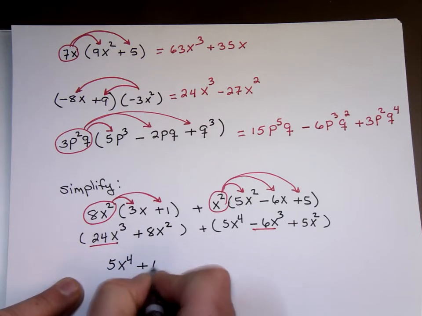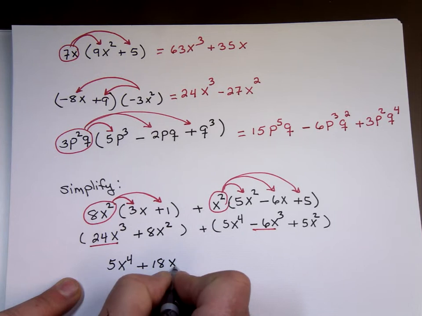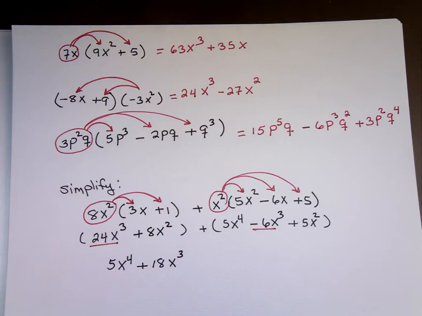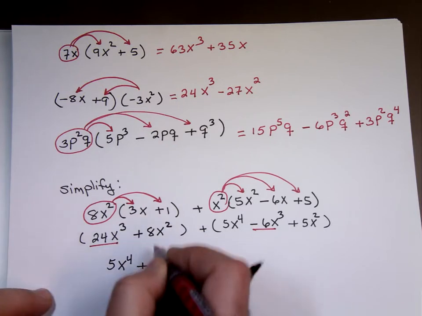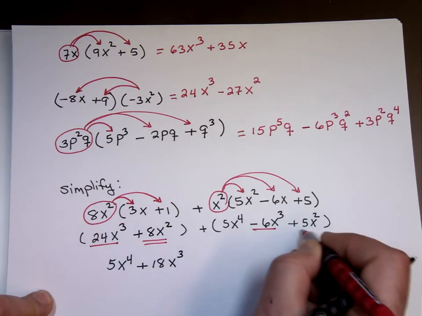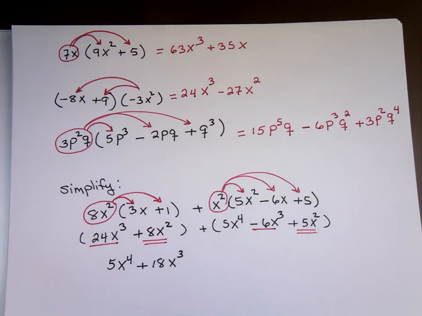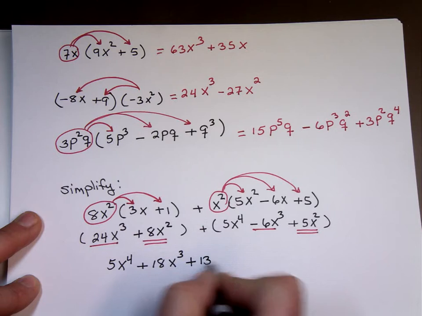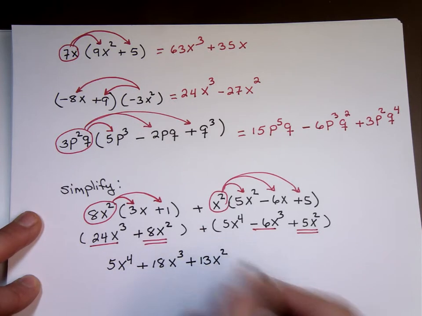X to what power? When you add, do you change the power of x? No. And now let's look at the x squared. Eight and 5, which is what? 15. X squared. And that'll be my answer.